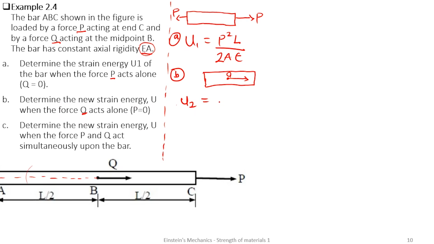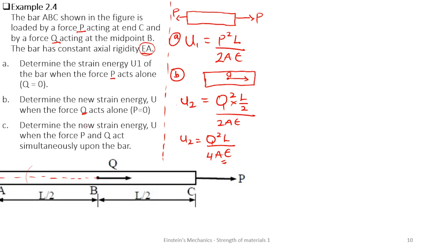Q. So we are going to have Q squared times the length, and the effect of Q is going to be on half the length, multiplying half the length over 2 times AE. And when we simplify this, we get U2 to be Q squared L over 4 times AE. So we are done with the A part and the B part.